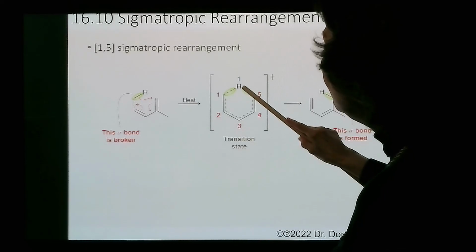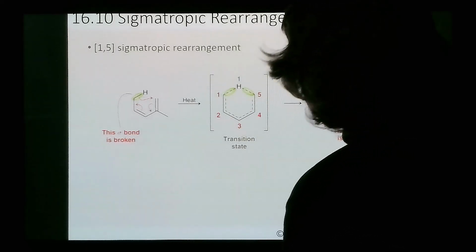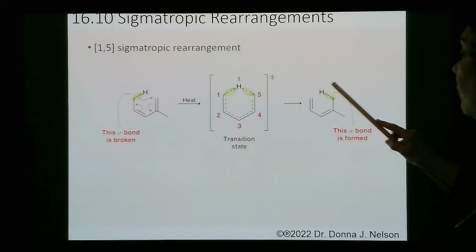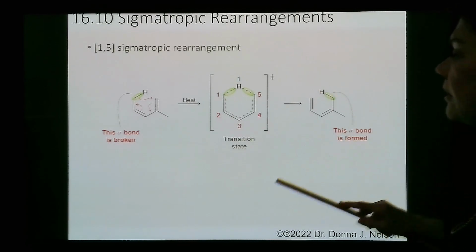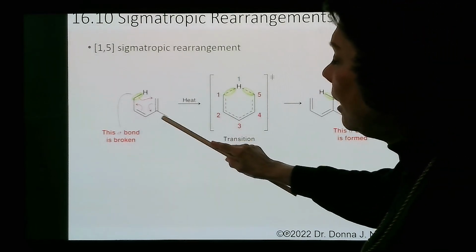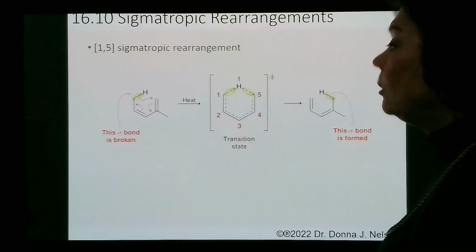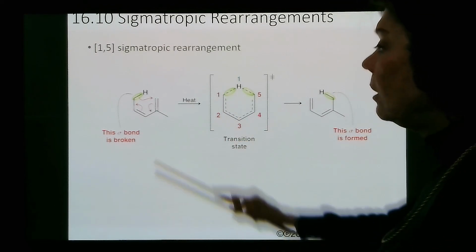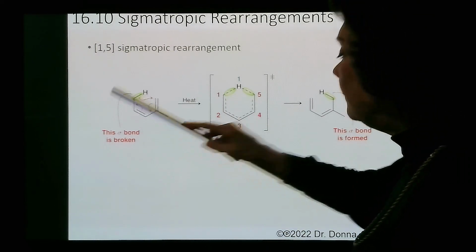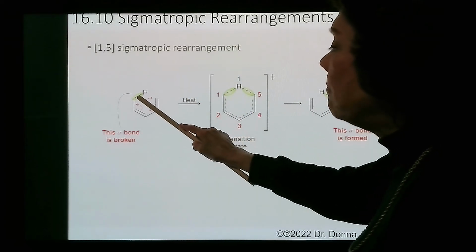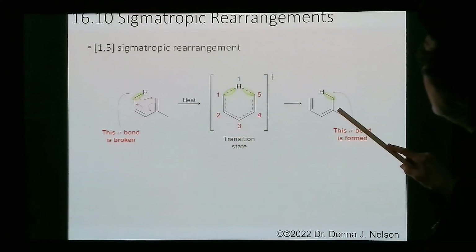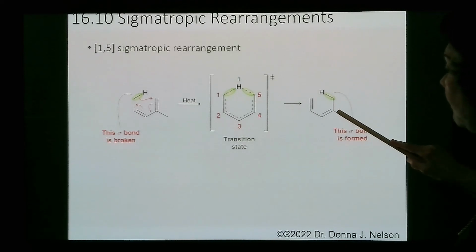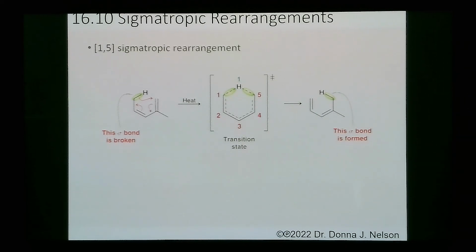This is the new sigma bond down here. And so this is the product. And you can see this methyl right here is a good marker that tells you that that CH bond actually did migrate over here because its relationship to the methyl group has changed.